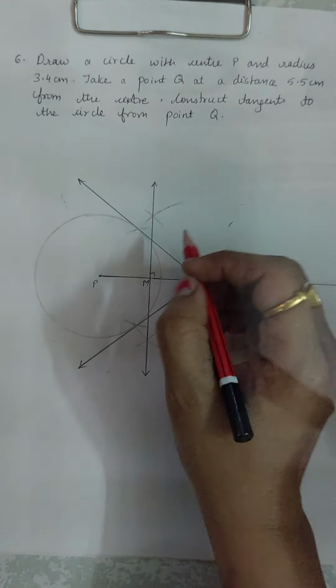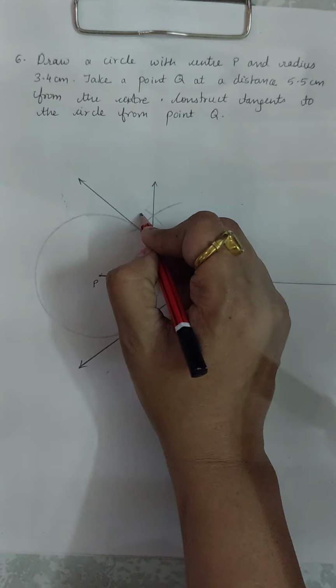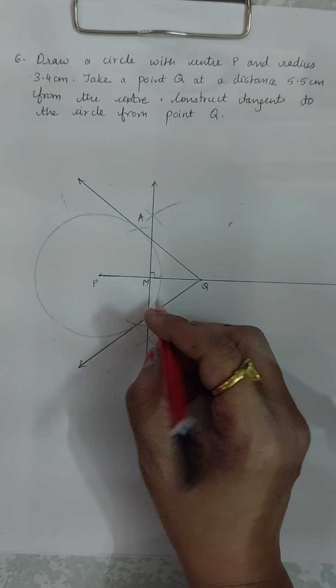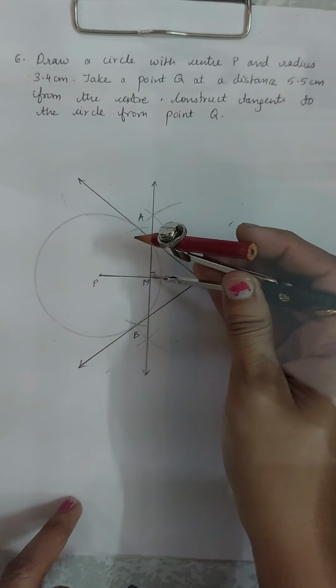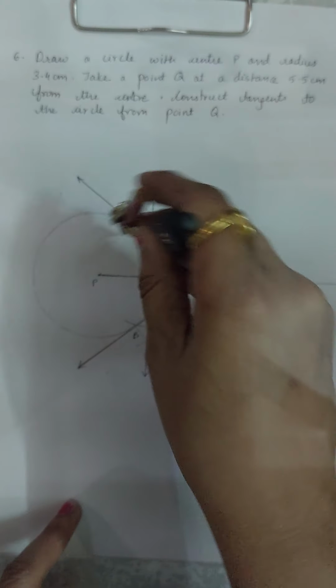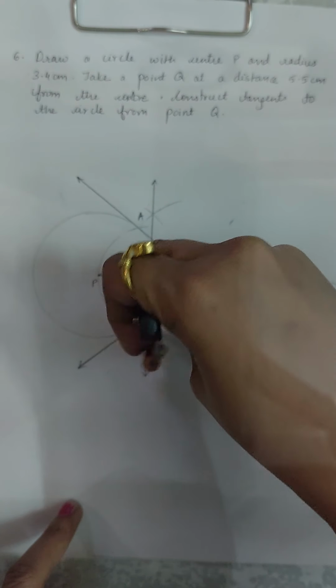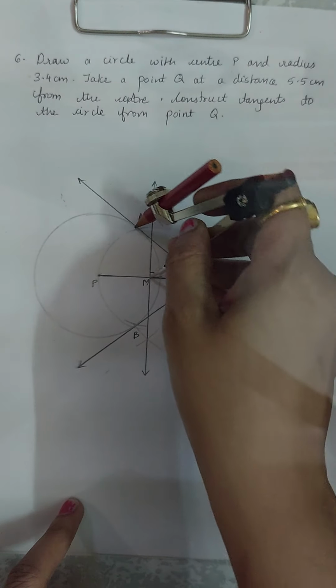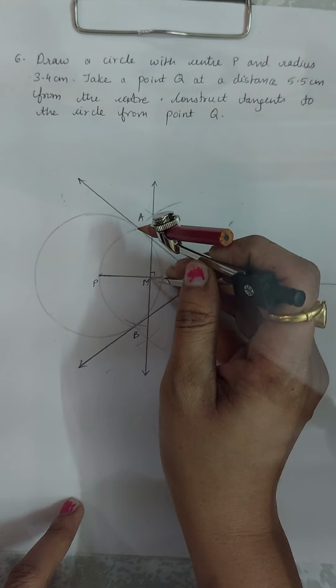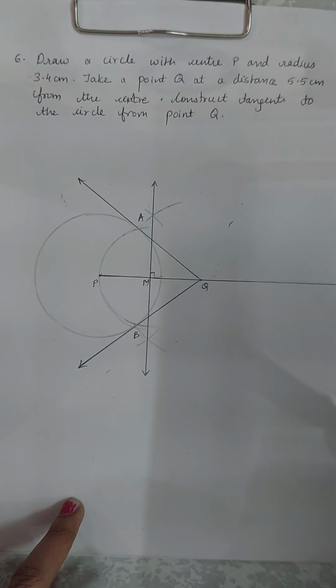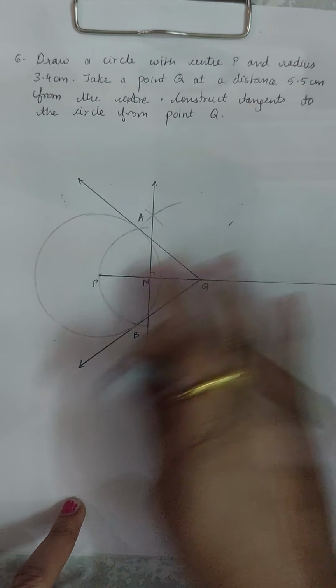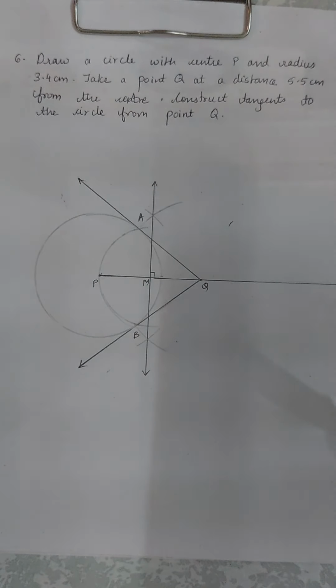Suppose I have to name these arcs, I can name them A and B. If you get confused between this, you can draw directly like this also for your convenience. So this is how we get the tangents to the circle. Okay, and then we go towards the last sum of this exercise.